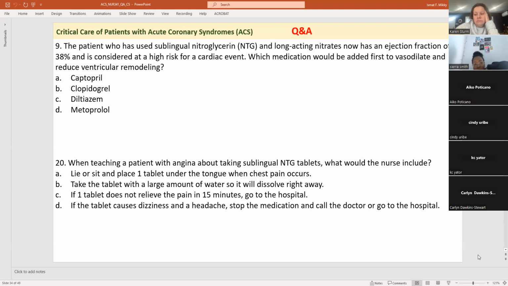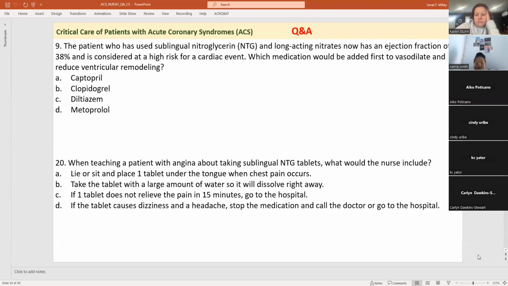Plavix, we know that clopidogrel, which is Plavix, is an antiplatelet agent, and it's usually used as an alternative for patients who are not a good candidate for aspirin. When we can't use aspirin, we can replace it with clopidogrel.